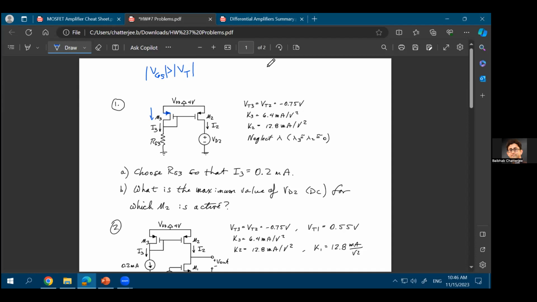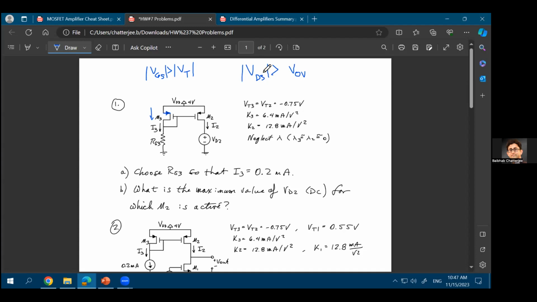Similarly, what is the equation for saturation in an NMOS? The equation for saturation in an NMOS is that your VDS has to be more than your overdrive. So again, take the same thing. Take the absolute value of VDS, which will be equal to VSD for a PMOS.